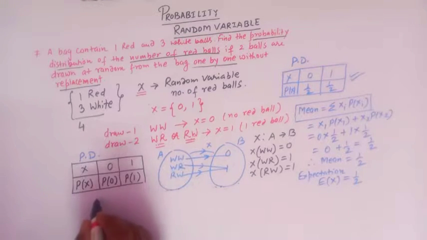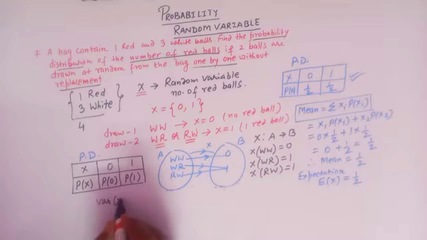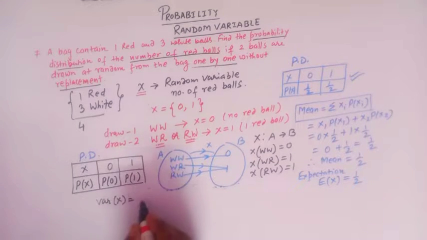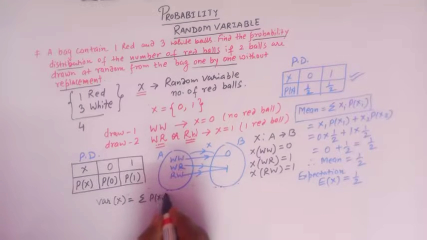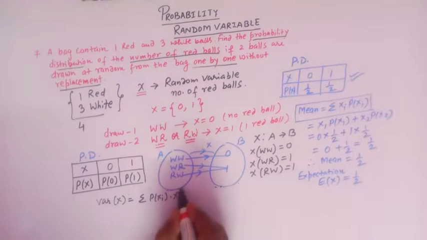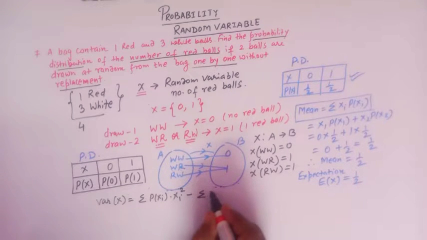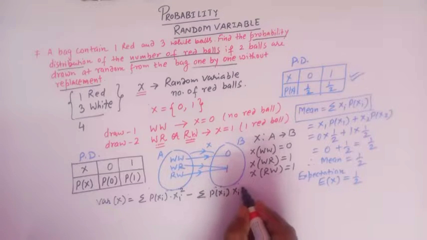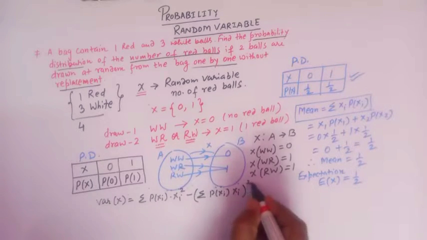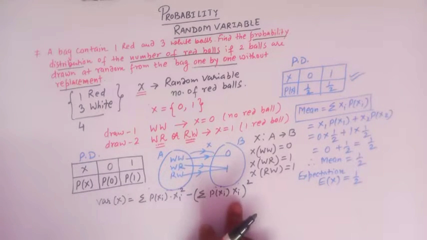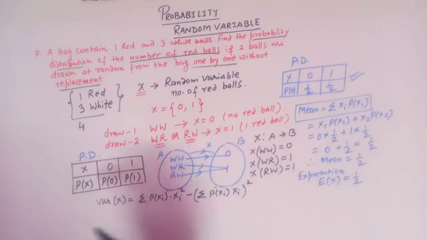Now viewers, the variance of the random variable x is given by the relation: sigma of P(xi) xi square minus the whole square of sigma of P(xi) xi, right? So this is the relation to use to find the value of the variance of x, right?